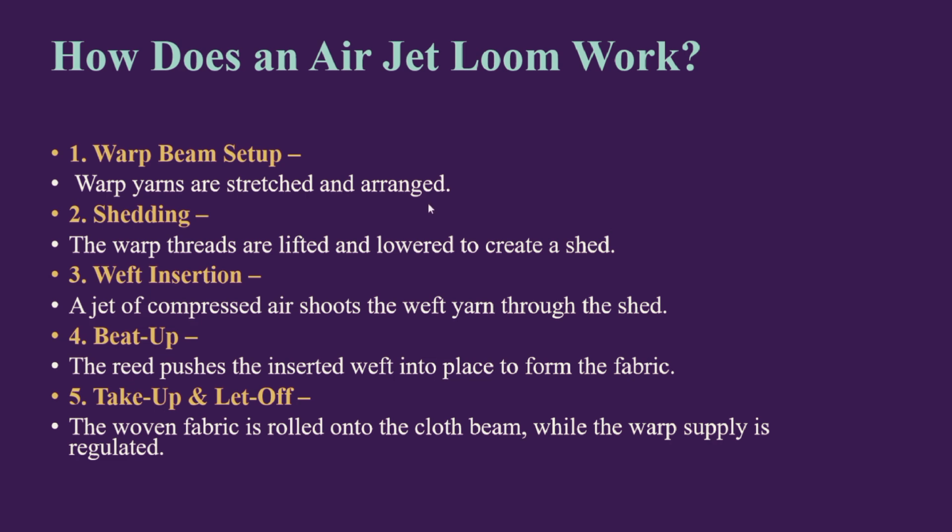The third step is that the jet of compressed air shoots the weft yarn through the shed. In the fourth step, the reed pushes the inserted weft, which is inserted by compressed air, into place to form the fabric. In the last step, take up and let off, the woven fabric is rolled onto the cloth roll while the warp supply is regulated.